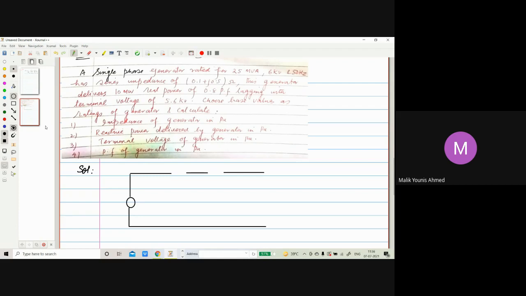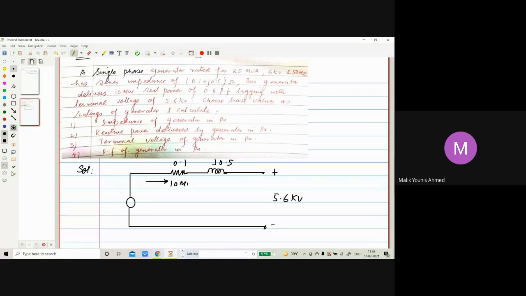So we have a generator. Here we have a resistance and a reactance, and here we have a terminal voltage, and that terminal voltage is 5.6 kilovolts. It's given. The value of the resistance is 0.1 and the value of the reactance is j0.5. And how much power is this generator delivering?